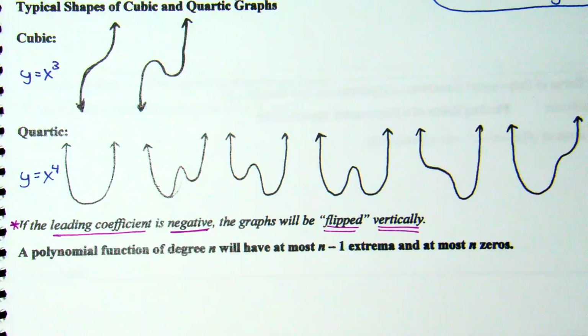If it's negative x to the fourth, instead of that U or those W's, what do we have? M's and whatever the upside down U is. I don't know, a lowercase n, I don't know. There's not a good, perfect one for there. Okay, so remember, when that negative's there, it just flips the graph upside down.